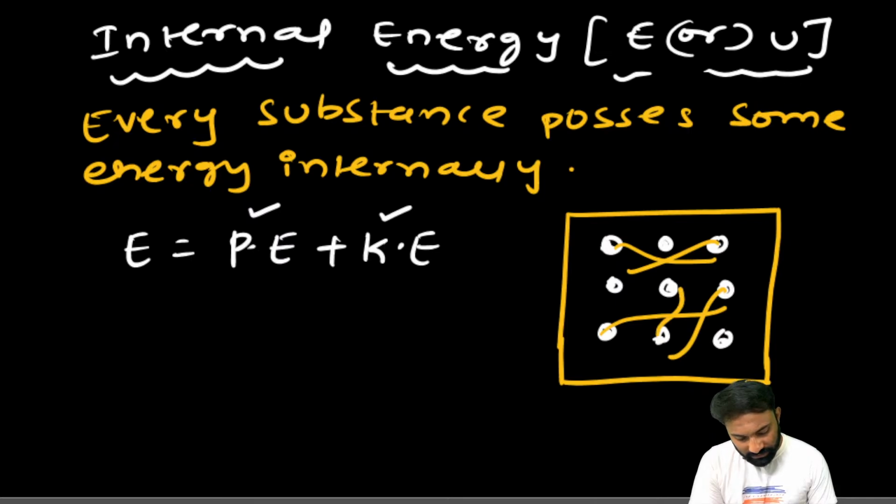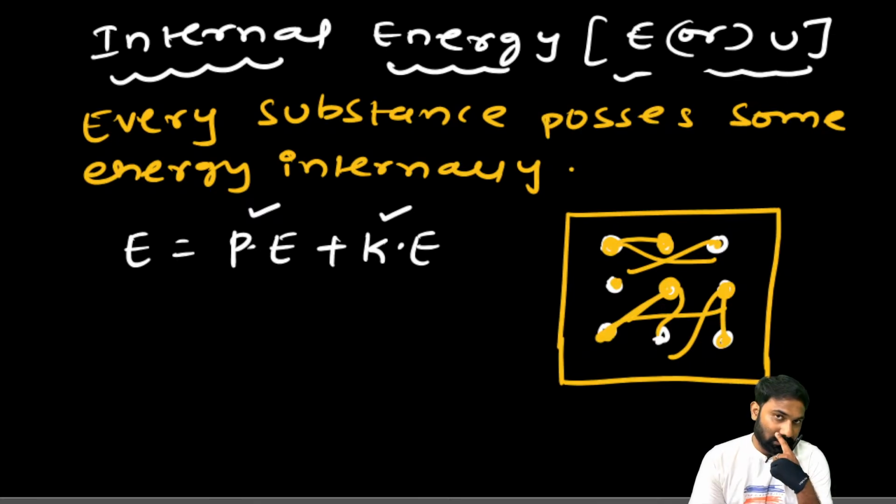Now when these gas particles are moving from one place to another, what happens? This gas particle and this gas particle will repel. Some other gas particle and this gas particle will attract, so there is intermolecular attraction and repulsion.